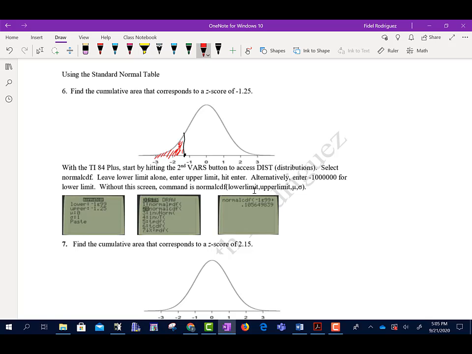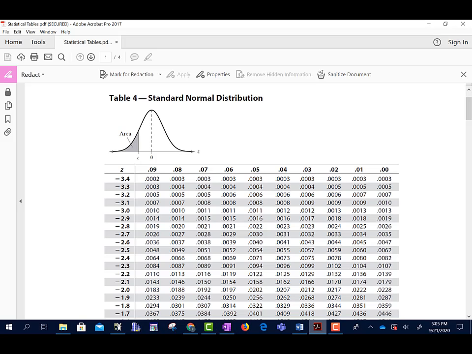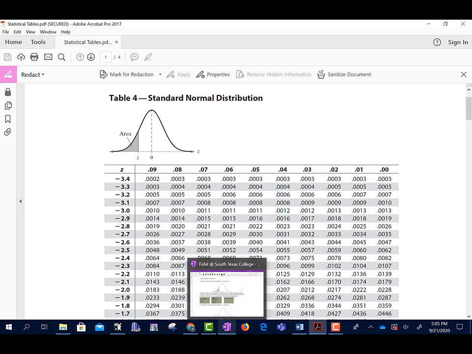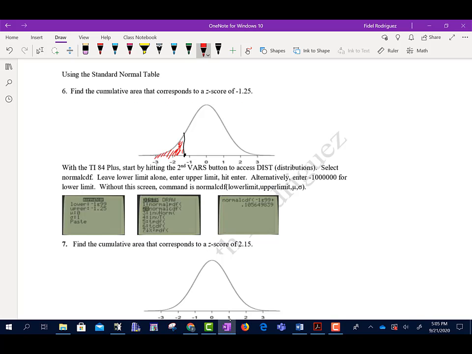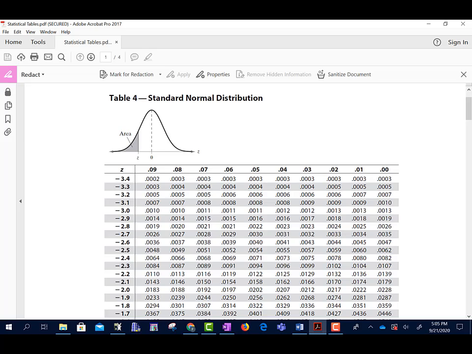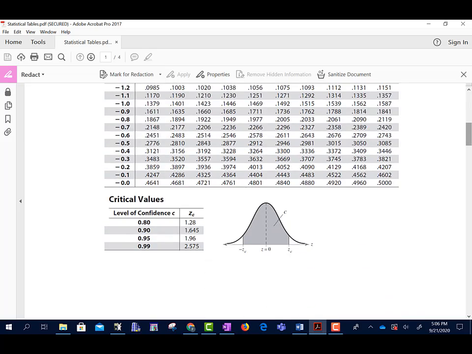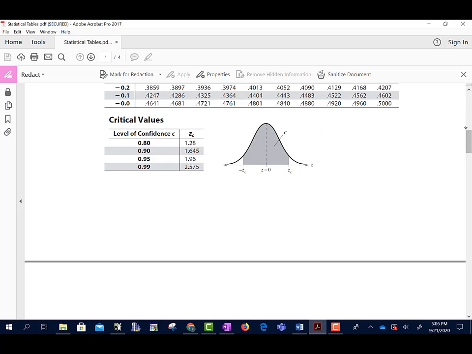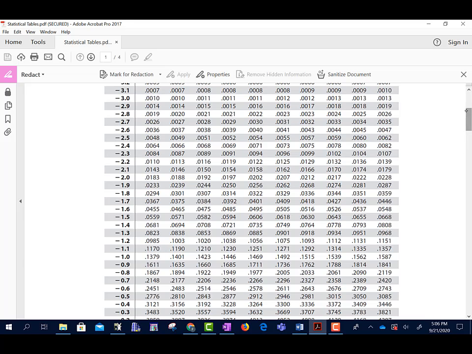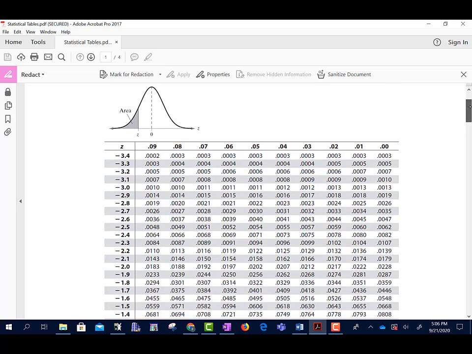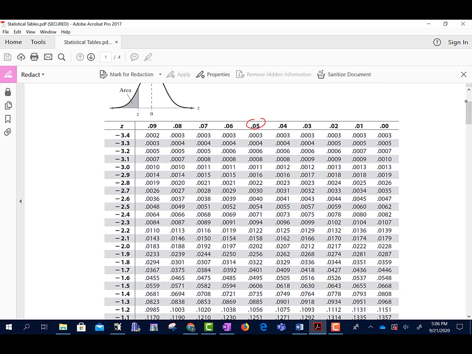So the way we're going to do that, I'm going to pull up the standard normal table, called the Z table. We're looking for when z was negative 1.25. So I'm going to scroll down here and look for z equal to negative 1.25. Okay, here is negative 1.2, and see how there's the 0.5 here?